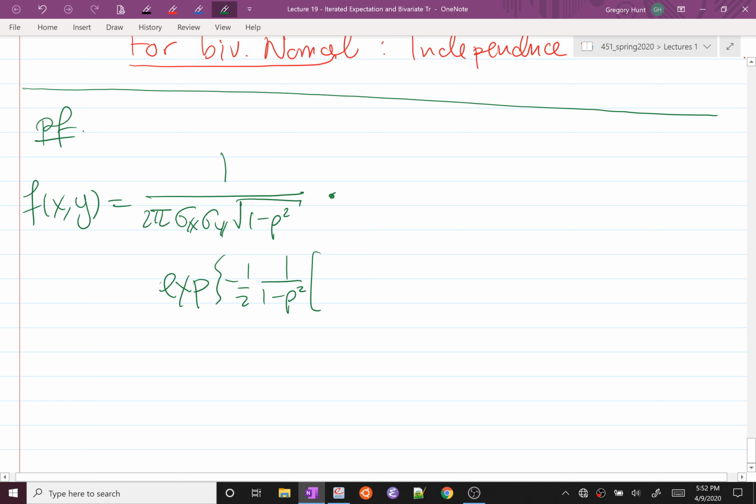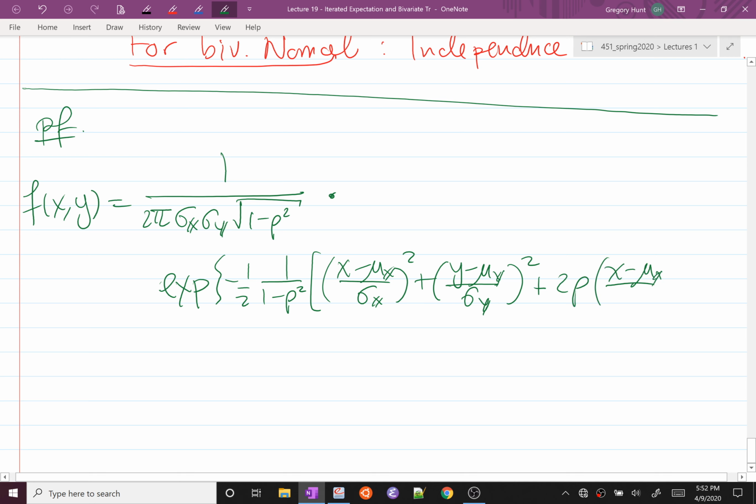And then we had this thing that was x minus mu x over sigma x squared plus y minus mu y over sigma y squared plus 2 rho x minus mu x over sigma x times y minus mu y over sigma y. And I had to close all my brackets, right? Okay. So this is the general case. Our theorem says what we're assuming is that the correlation between x and y is 0.